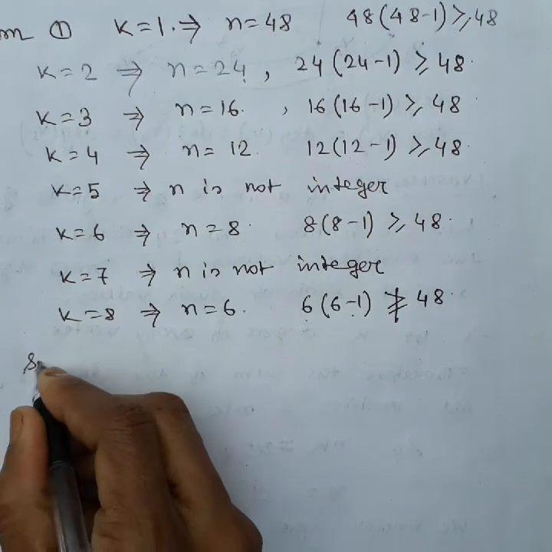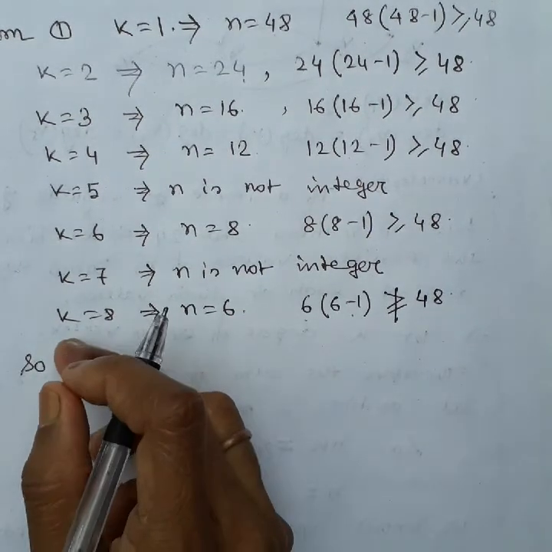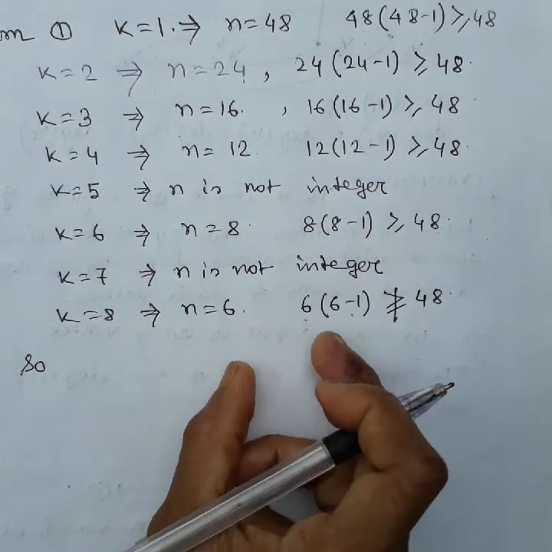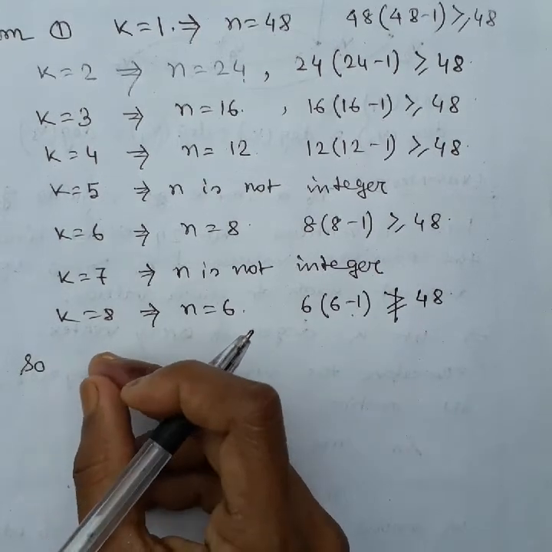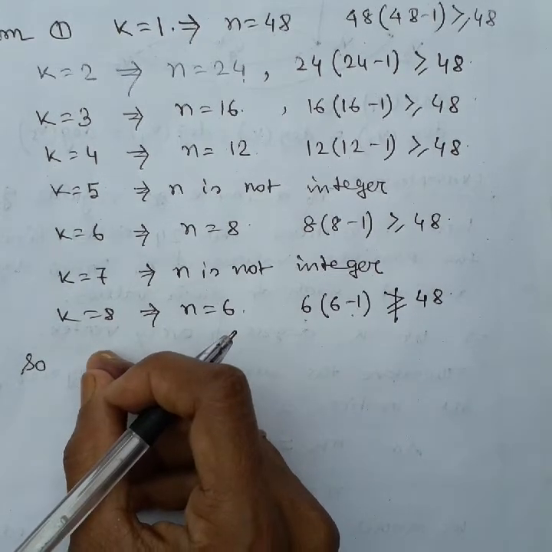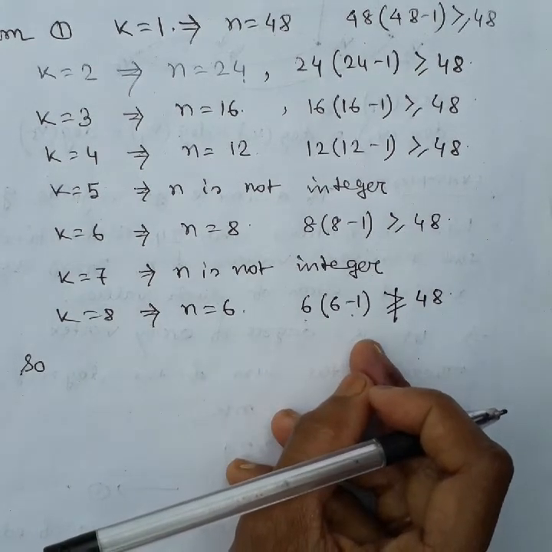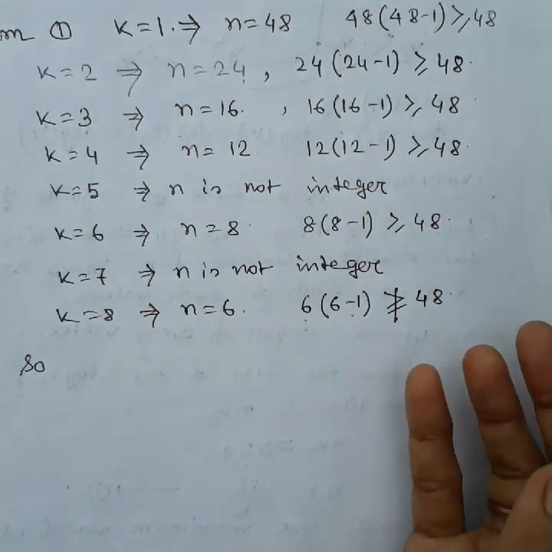Okay. Next you can put n is equal to 9, but n is not an integer. n is equal to 10, this is not an integer. n is equal to 11. If you put n is equal to 12, then k is equal to 4, but 4 into 4 minus 1, that means 4 into 3, is 12. So all these values after that are less than.